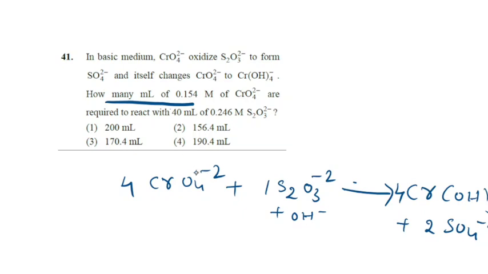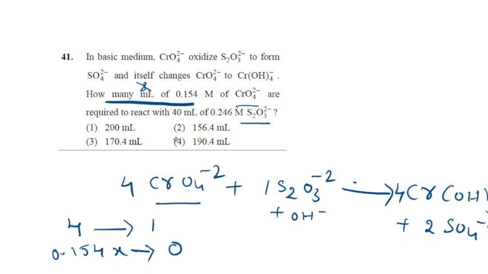Anyhow, here they are asking for the relation or the number of moles between CrO4 2- and S2O3 2-. 4 moles require 1 mole of S2O3 2-. But regarding chromate ion, they have given, let us suppose that x milliliters of 0.154 molar is reacting, in that case 0.154 x moles requires this S2O3 2-.